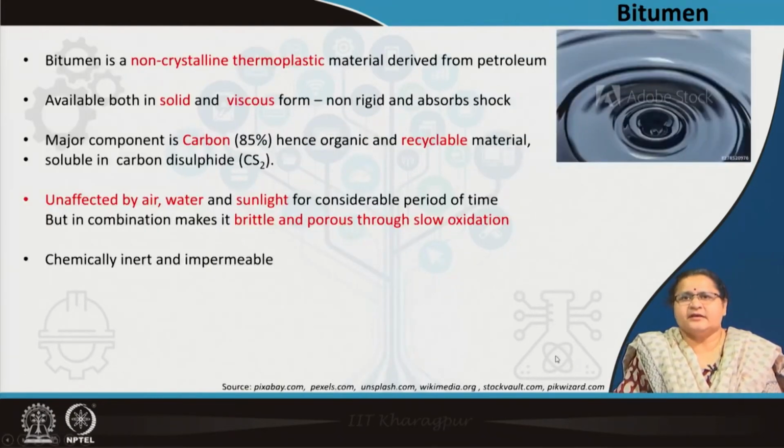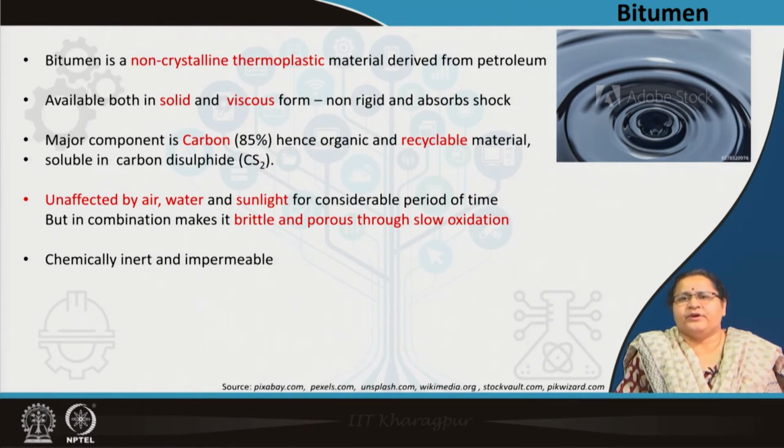So, now let us come to the material bitumen. Bitumen is one material which was extensively used in damp proofing when we are talking about building, but maybe 80% of bituminous materials are used for roads, which is not under our purview.